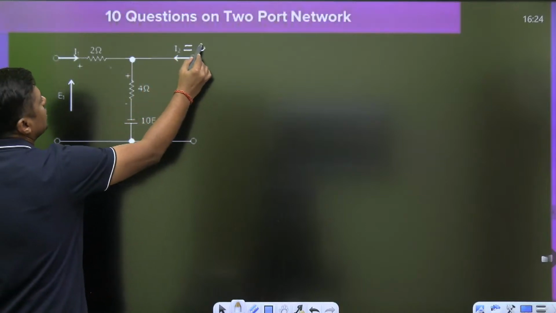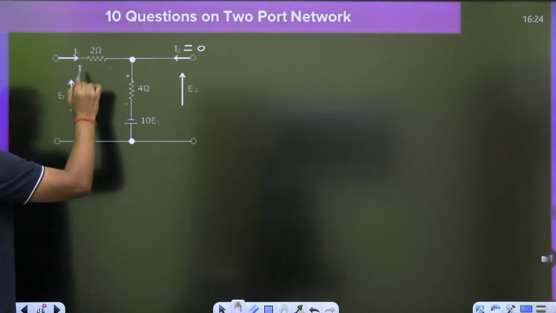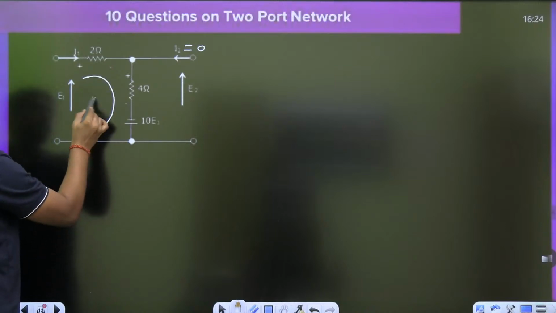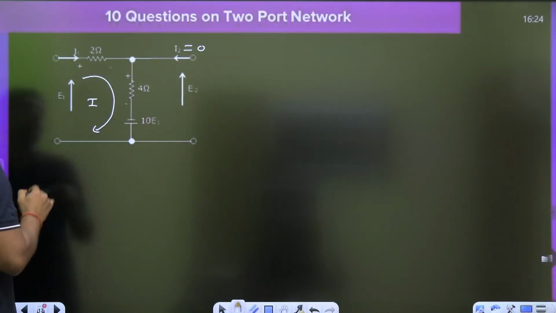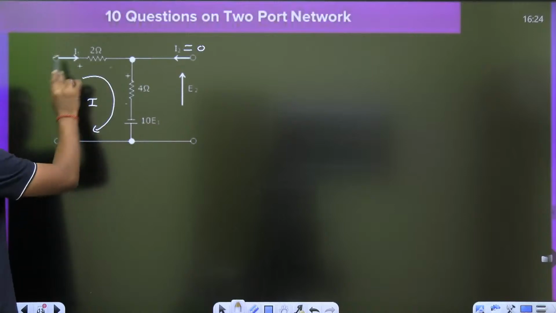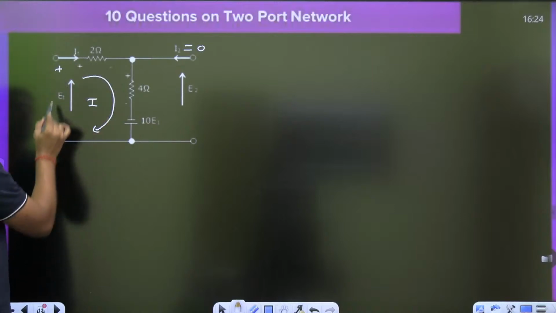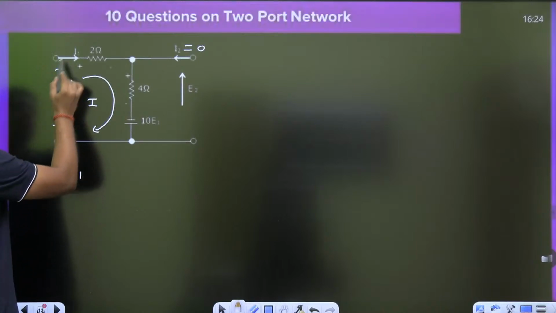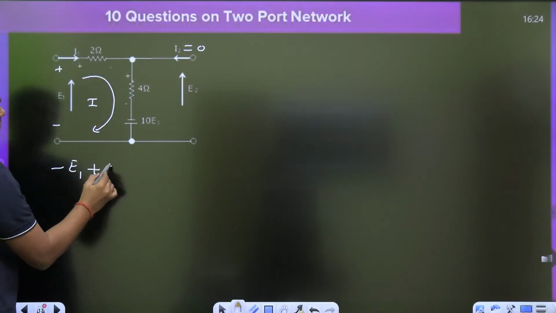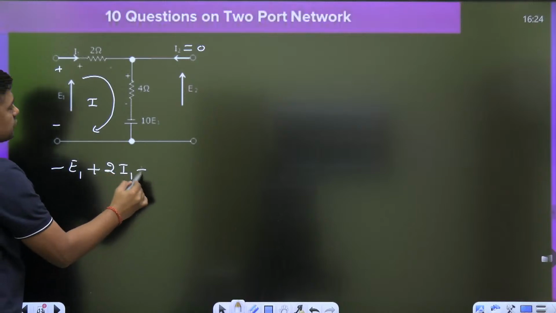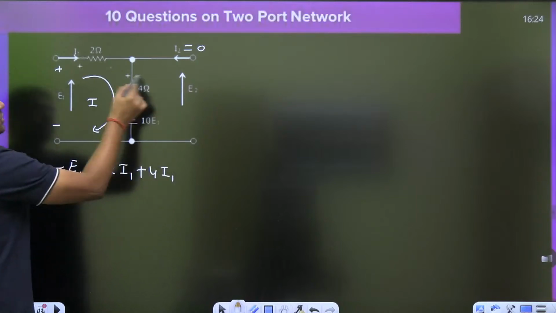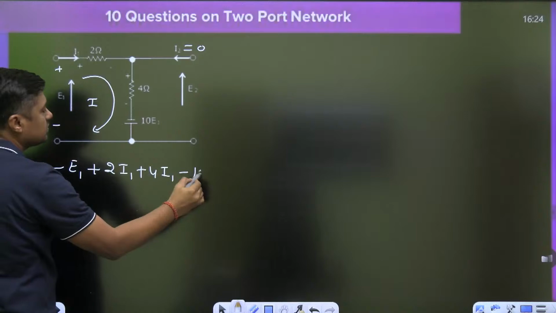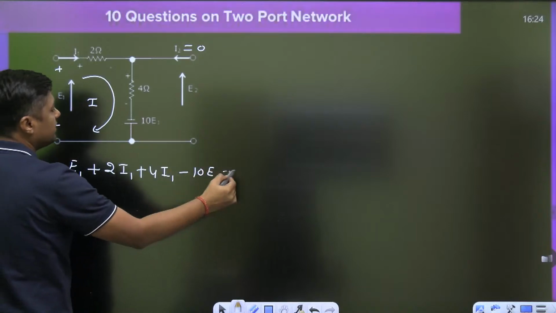If I2 is 0, what is the current I1? The same current I1 will flow. So from this you can write the KVL. What is the KVL here? Minus E1 plus 2 times I1 plus 4 times I1, because I2 is 0, minus 10 E1 is equal to 0.